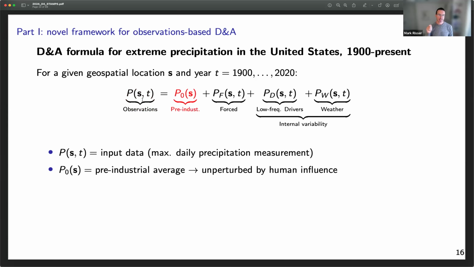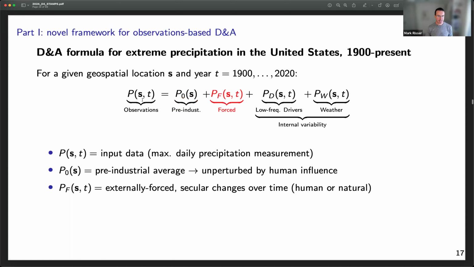The first piece is a pre-industrial average, so this is time invariant. It's designed to represent a background climatology: what do rainfall extremes look like in the absence of any external forcing, human or otherwise. The next piece is an externally forced piece.